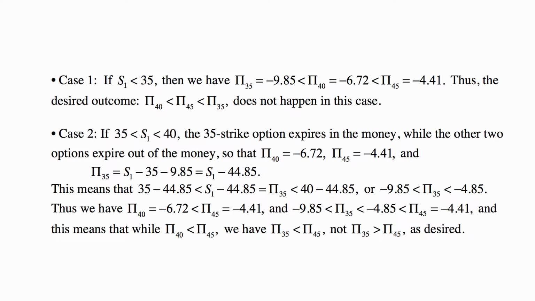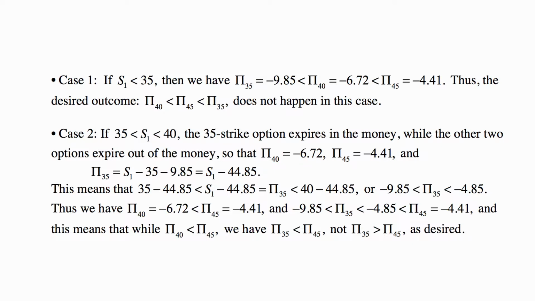So if S1 is less than 35, the first of the strike prices that we have, then pi 35 is negative 9.85. We're losing money because the option is out of the money and we're paying for it. That's less than pi 40, which is negative 6.72, and pi 45 is negative 4.41.